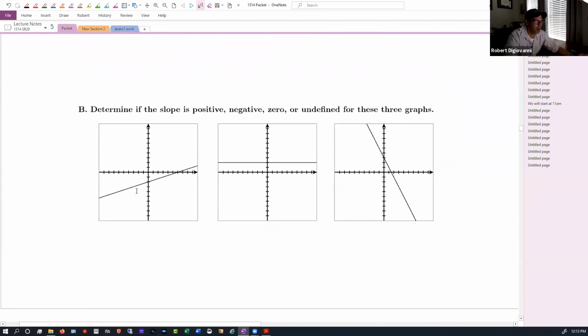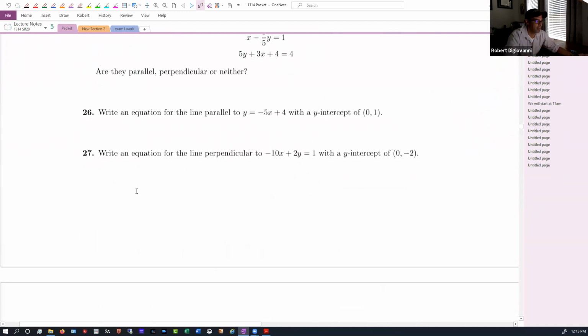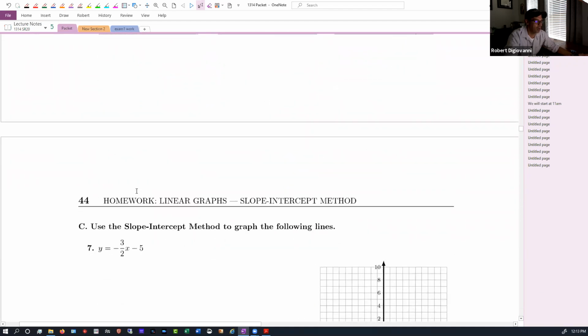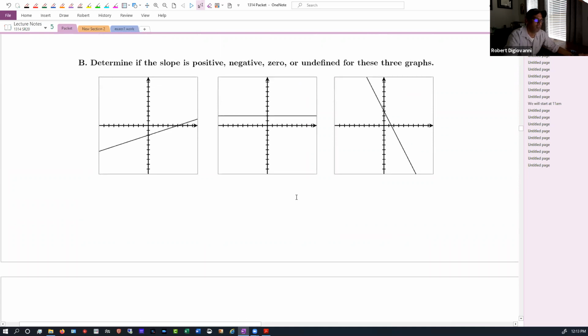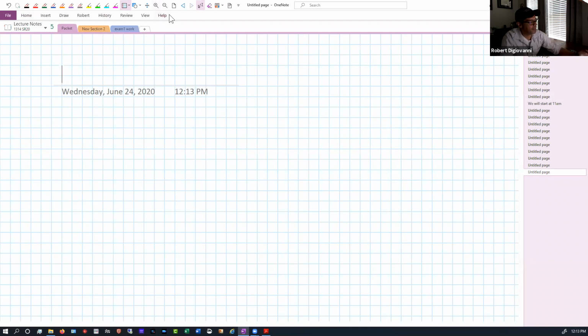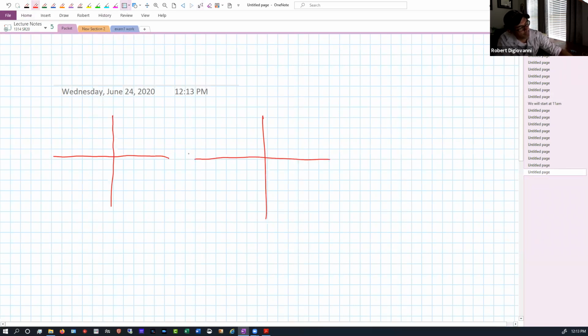One other thing we didn't talk about, but it's going to be asked in the homework, is what the slope tells you in terms of the pitch of the line. So I'm just going to go to a new page for this. If you think about the different scenarios you can have with the line, you could have a line that goes like this, or you could have a line that goes like this.